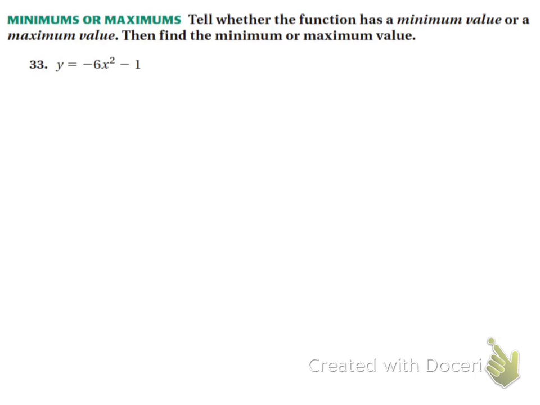Alright, now we'll look at this one and tell if it has a minimum or maximum. It has a maximum because a is negative. The graph will be shaped like this, therefore we know it's a maximum because it has a peak. And we'll go x equals negative 0 over 2 times -6, and we end up with 0.